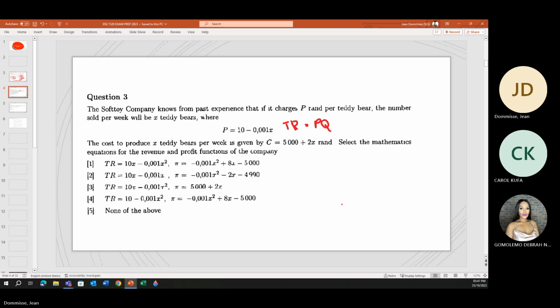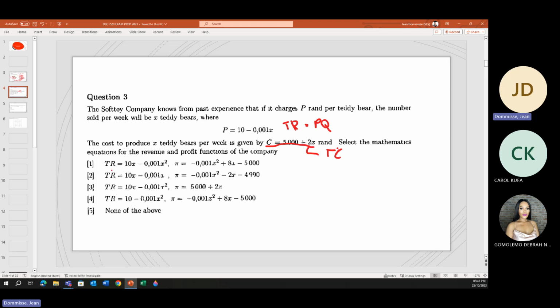And let's see, the cost to produce per week. Okay, so that is already given. Let me check if that is already given as total cost or not. It seems like that is already total cost.